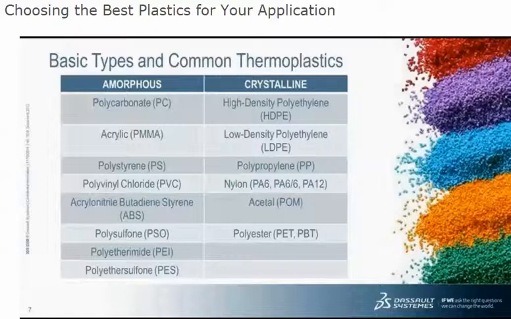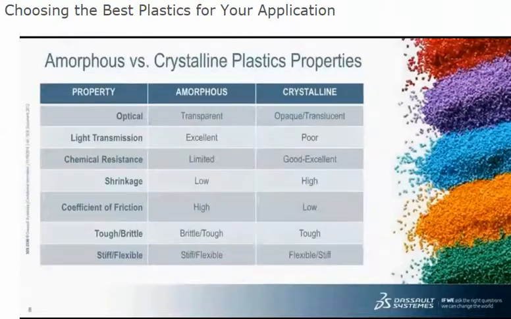What's the difference between those materials? If we take a look at some various properties of plastic materials down the left side column of this table, and then we compare amorphous to crystalline. For example, if we talk about optical properties, if you were ever going to use a plastic material in a lens application, say like an eyeglass lens or a magnifying lens, guaranteed it will be an amorphous plastic, because only amorphous plastics are completely transparent.